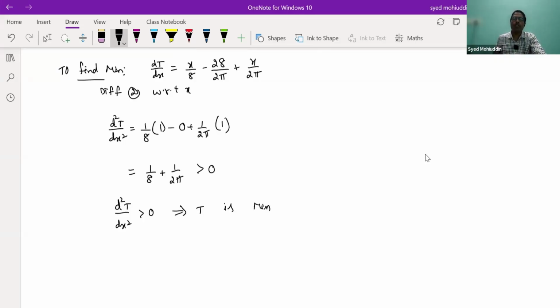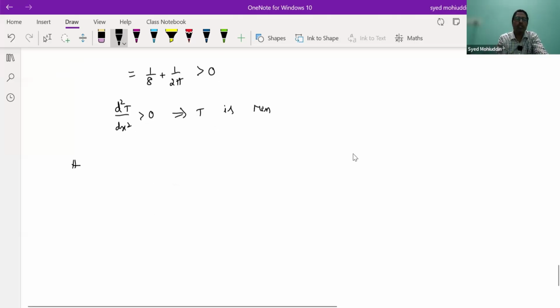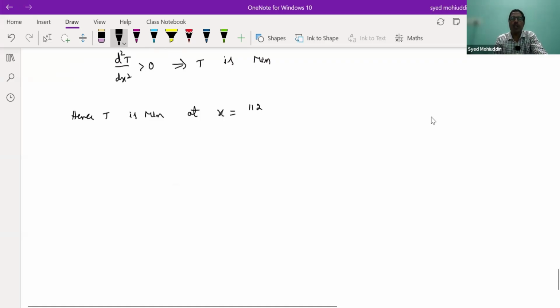T represents the total area. The area of the square as well as the area of the circle is minimum. So hence we have proved that t is minimum for x equal to 112 by pi plus 4. At this particular point, t, that means the area of the square and the area of the circle, will become minimum. So that was the question, and hence we obtained the required solution.